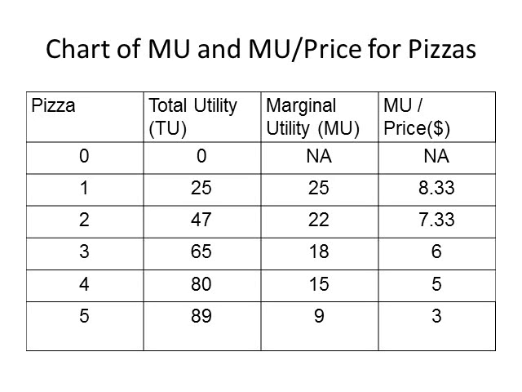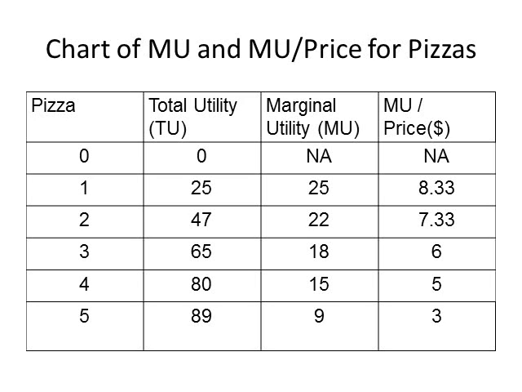Notice that we've gone through and calculated the marginal utilities. Going from 0 to 1 slice gives us a marginal utility of 25. Going from 1 to 2 slices of pizza gives us 22 additional units of utility. Going from 2 to 3 gives us 18. Going from 3 to 4 gives us 15. And going from 4 to 5 gives us 9.